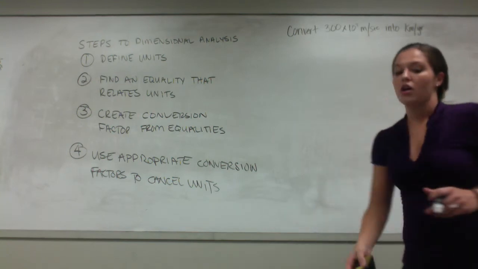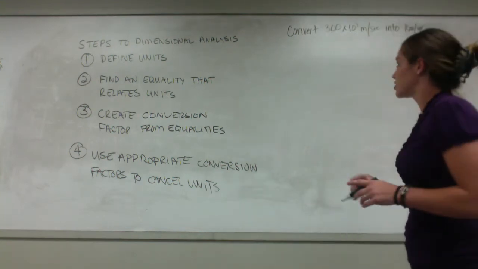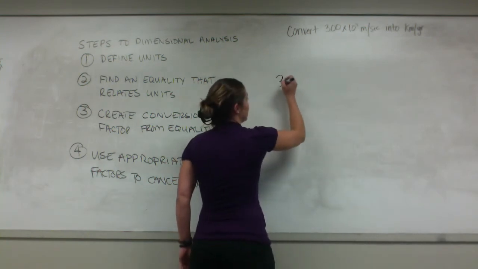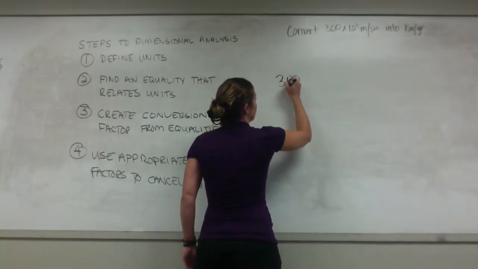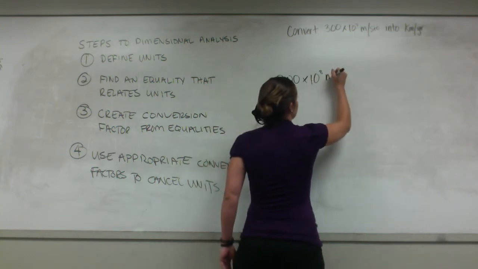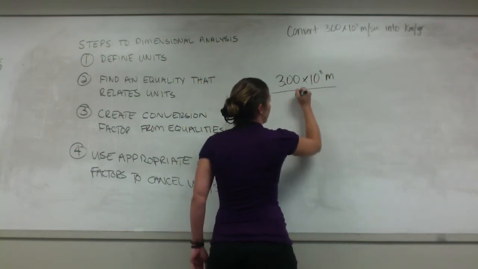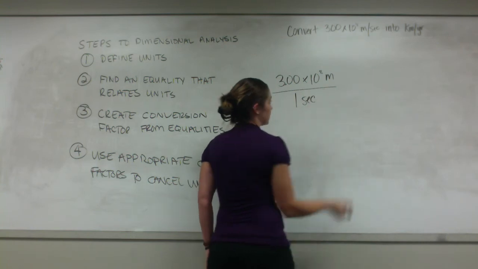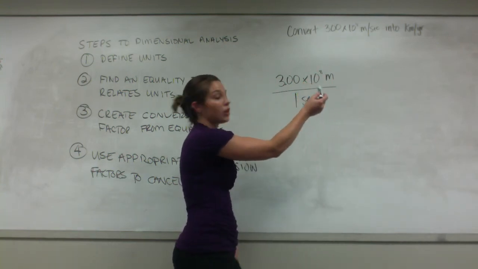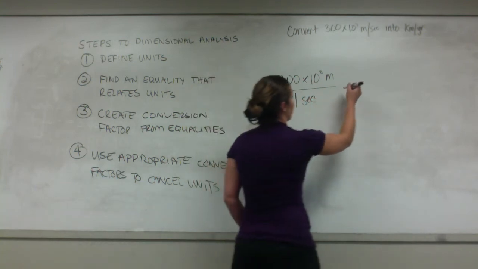All right, so what we always do first is start with your given. So we have 3 times 10 to the 8th meters over 1 second. Like I said, we're going to do the meters first, and then we'll go ahead and do the seconds.